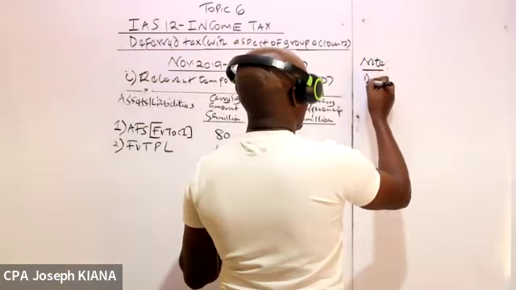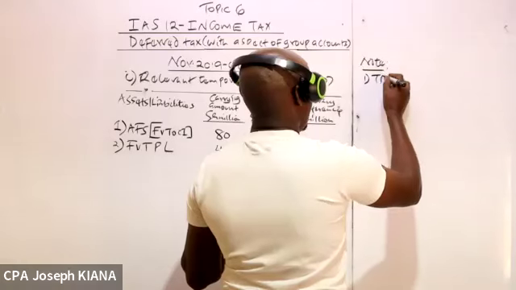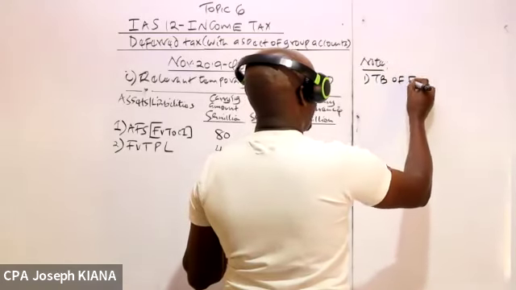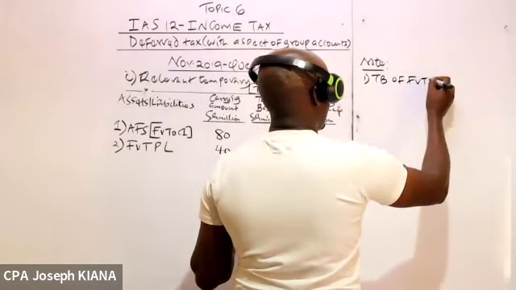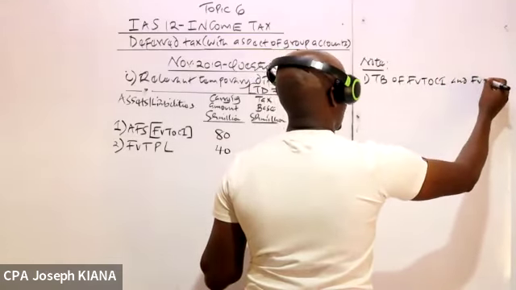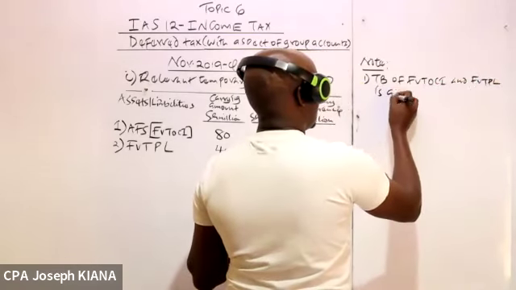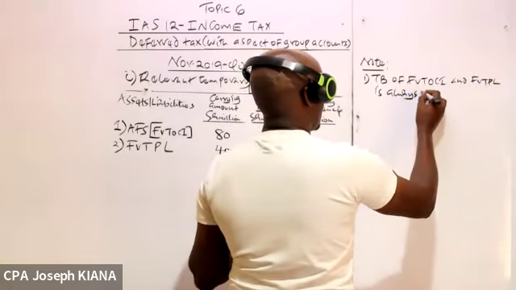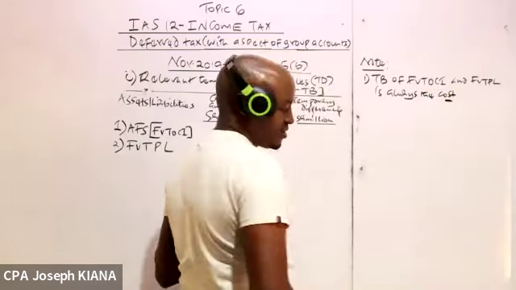The tax base of financial assets at fair value through other comprehensive income and financial assets at fair value through profit and loss is always the cost.